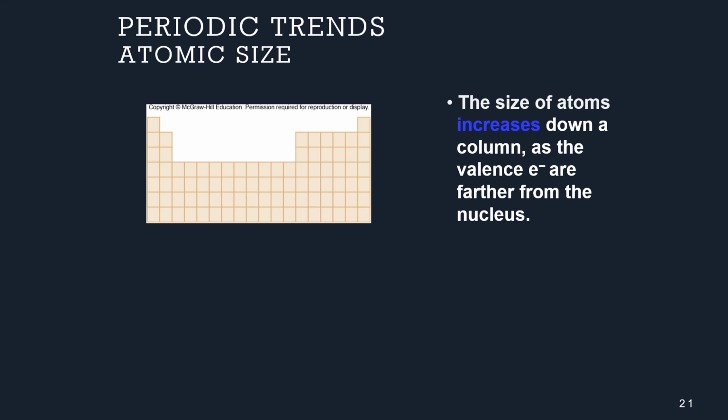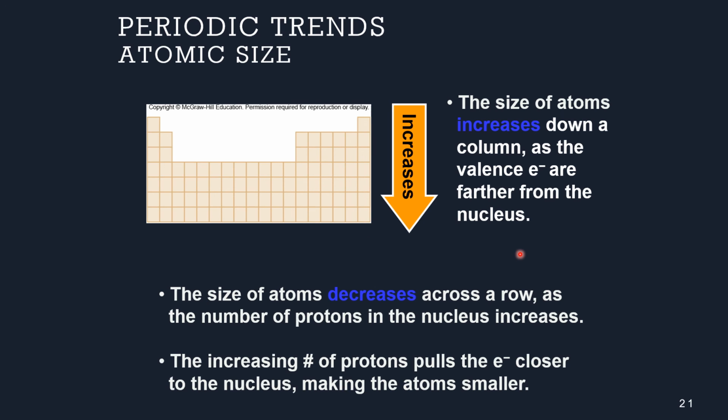All right, here's some more interesting information about our periodic table. The size of the atoms increases down a column as the valence electrons are further from the nucleus. So as you go down, the atoms get bigger. The size of atoms decreases across a row as the number of protons in the nucleus increases.